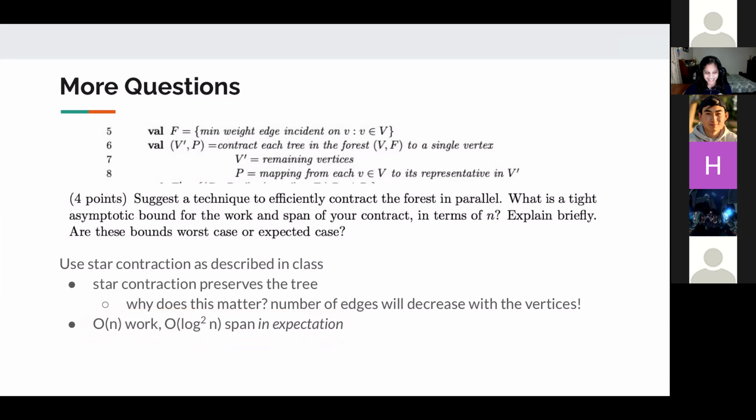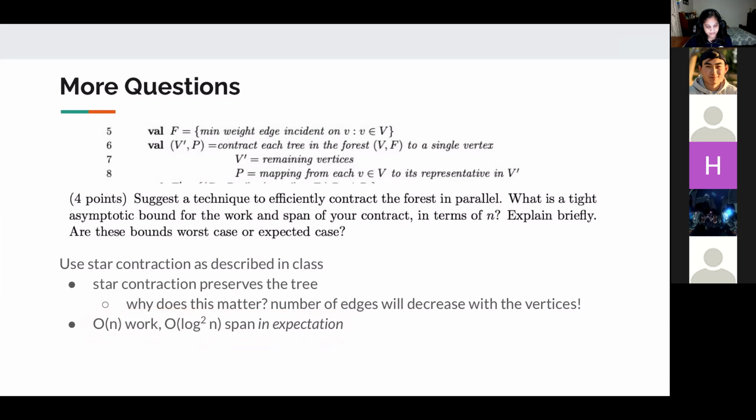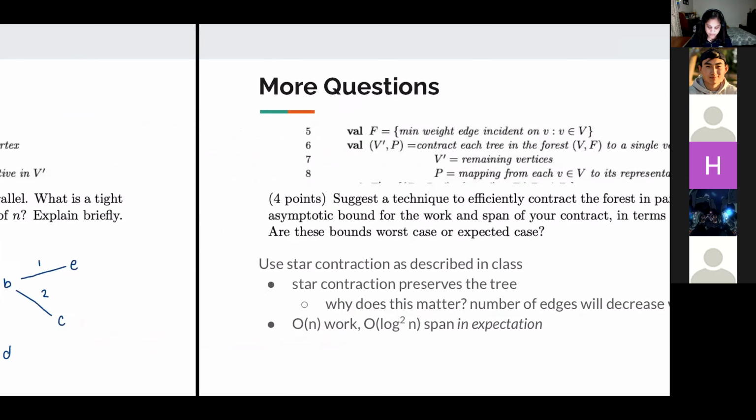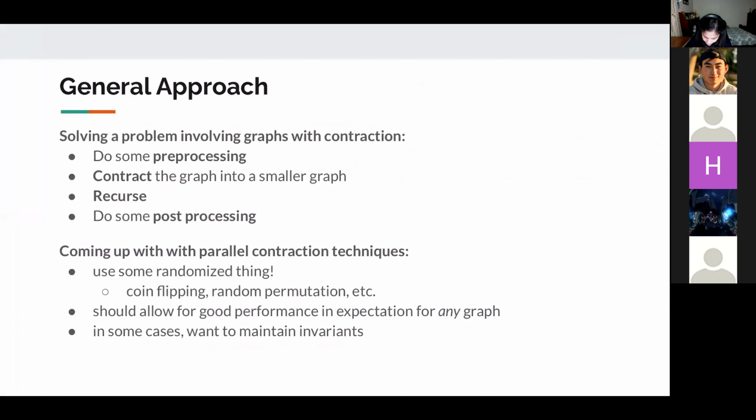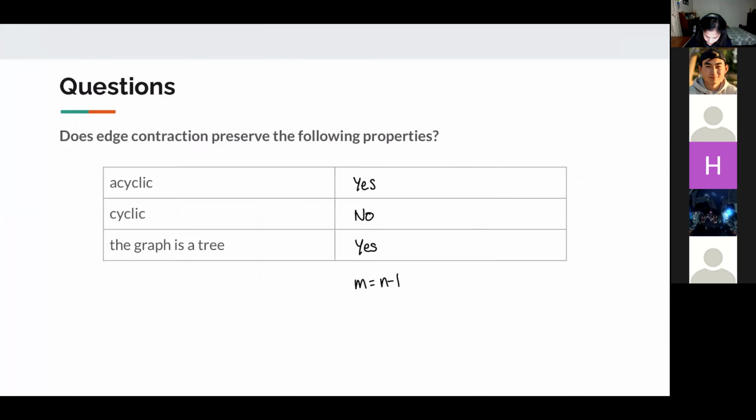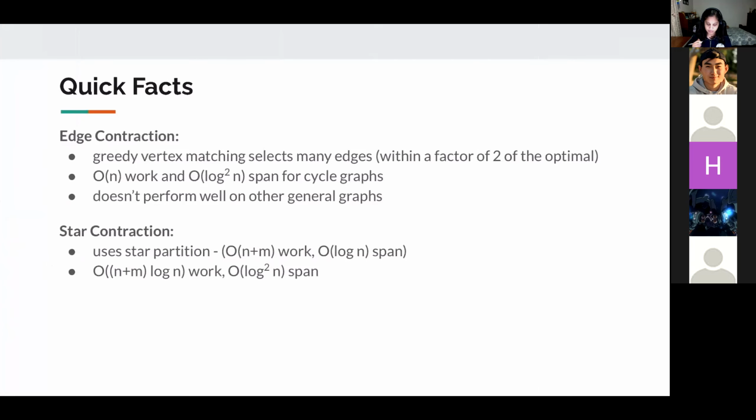There's a hand raised, yes. Why is it log squared n and not log n, since we're used to doing it log n times? Right. I think the reason is, if we go back to our quick facts slide, the one before this, when we do star partition, we use log n span for the partitioning.